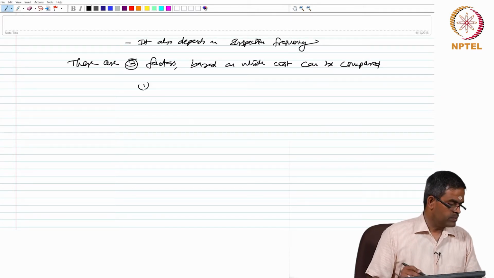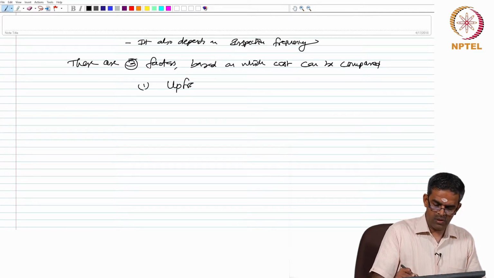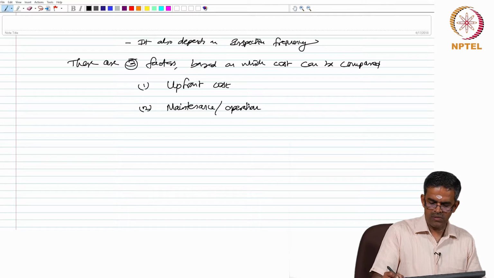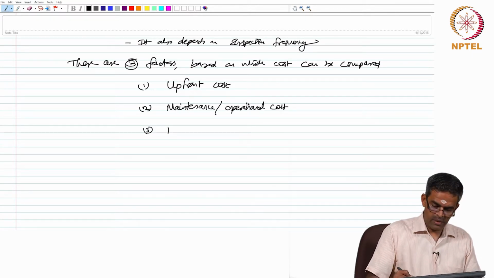There are three factors based on which cost can be compared. One is the upfront cost, second is the maintenance cost, I should always say operational cost, third could be the return on investment.